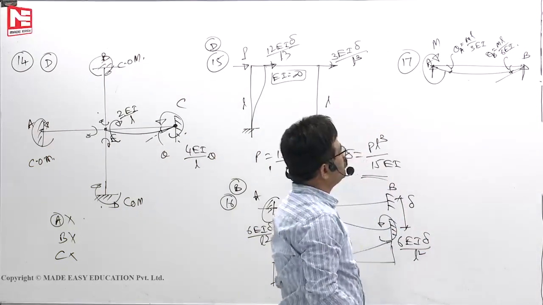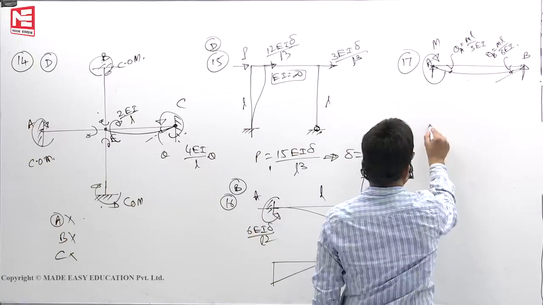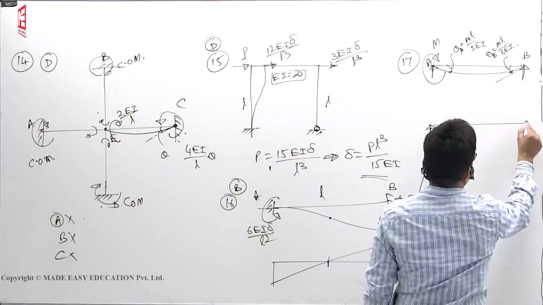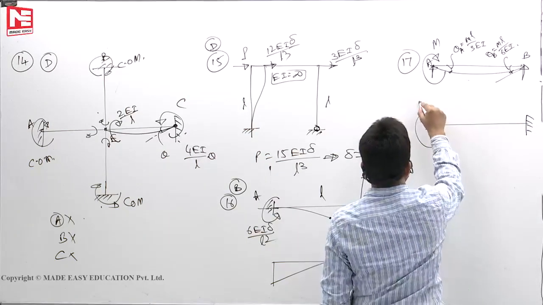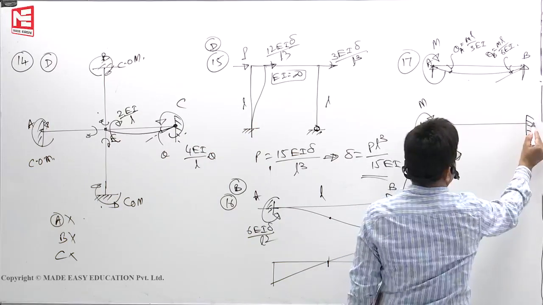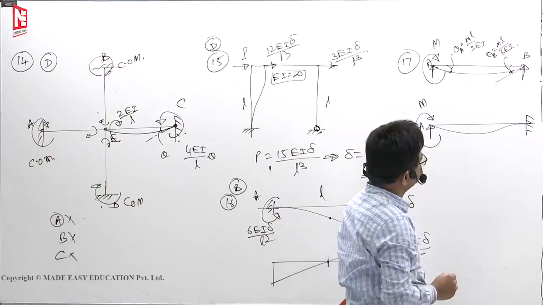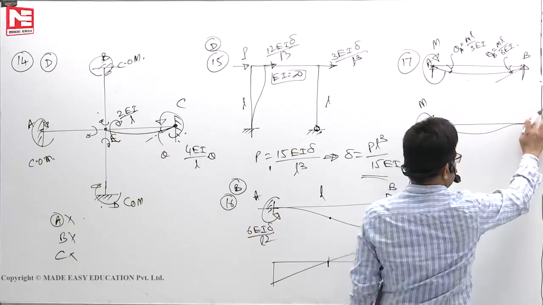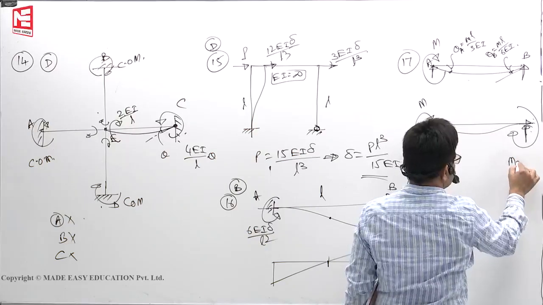Now, how much moment do I have to apply so that the slope becomes 0? We will see the deflection profile. Now it behaves like a fixed one. This is M, already M is existing at A. If the slope is to become 0, it will come like this. In a simply supported beam, I want to apply MB.